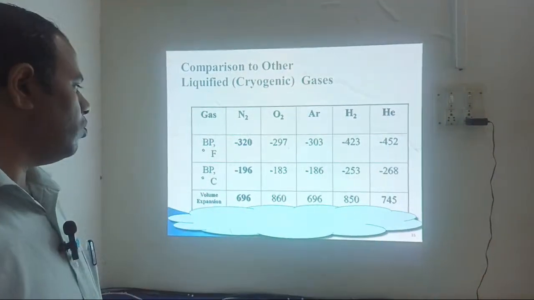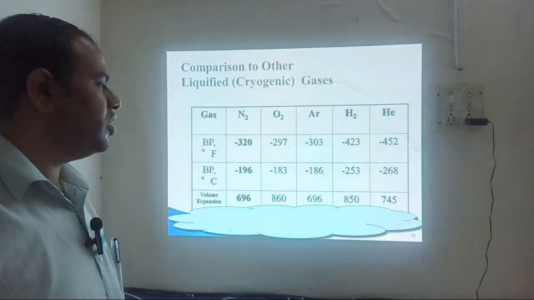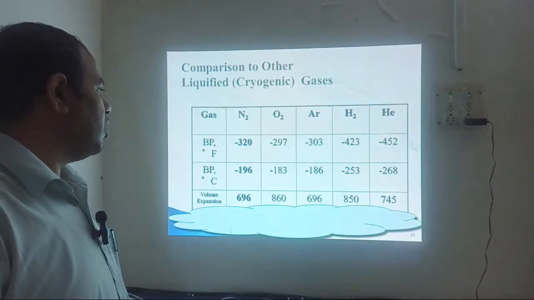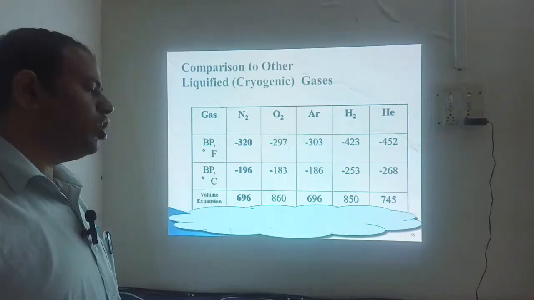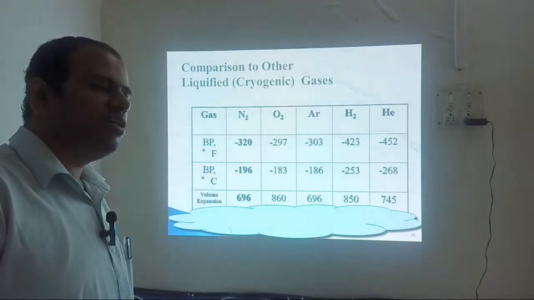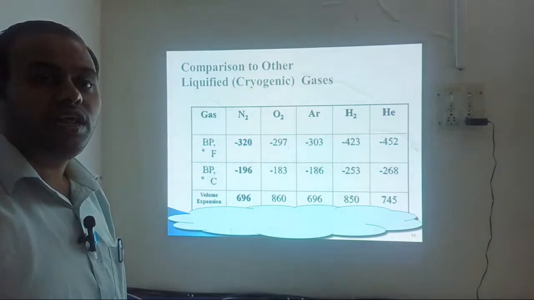For you to know about different gases, I will be sharing some data of certain gases. Let's see, first of all, nitrogen. Its boiling point in Fahrenheit and degrees Celsius is given here. You can see liquid nitrogen boils off at minus 196 degrees Celsius. Volume expansion is 696. Then oxygen is minus 183 degrees Celsius.